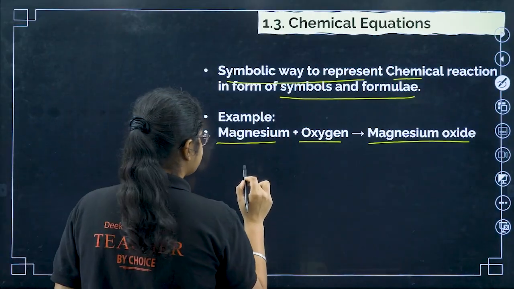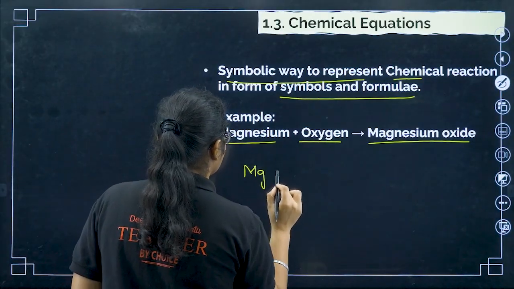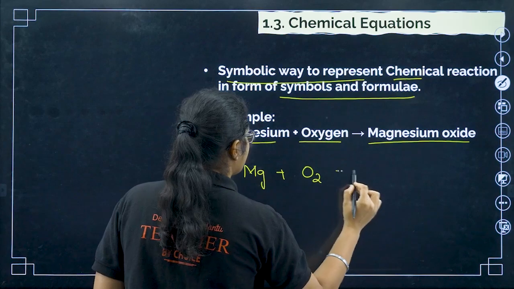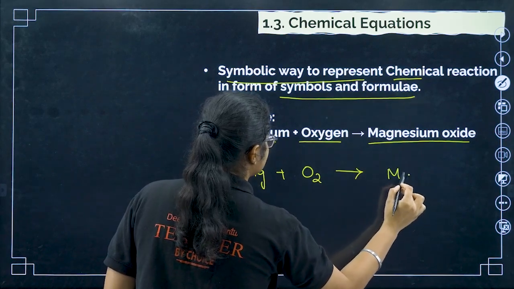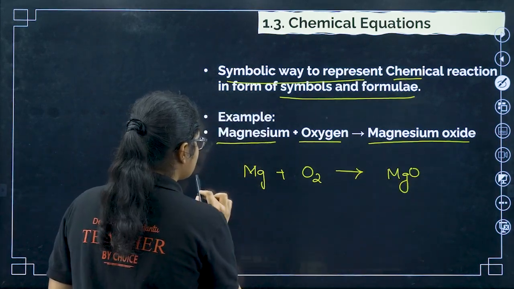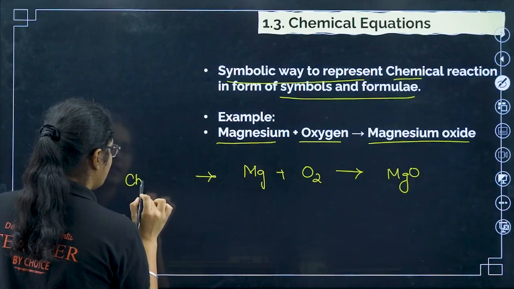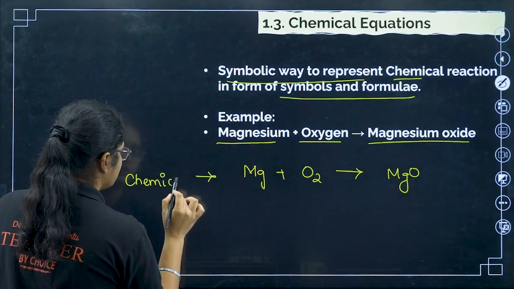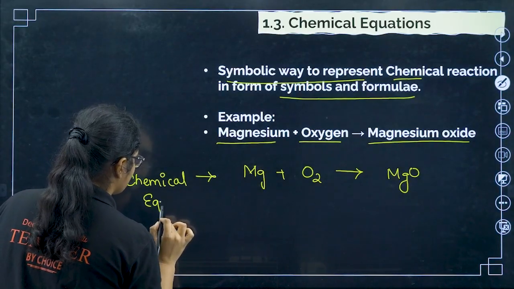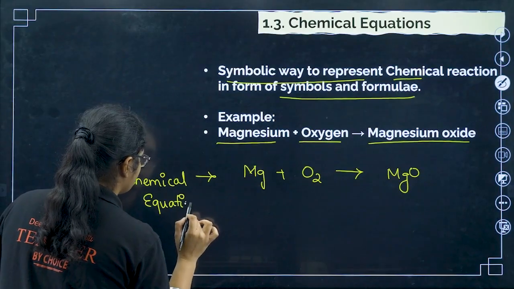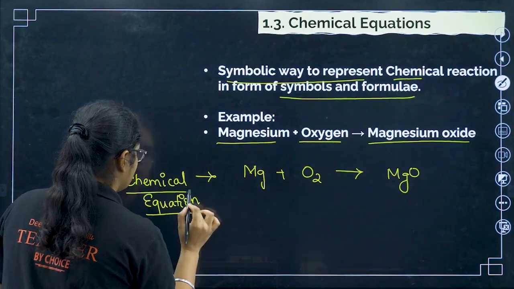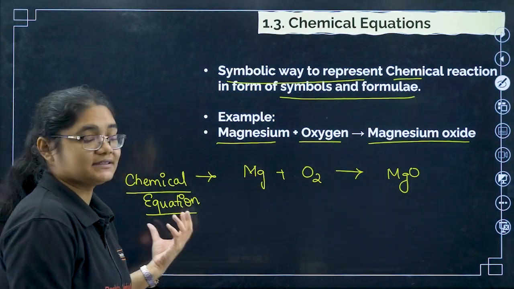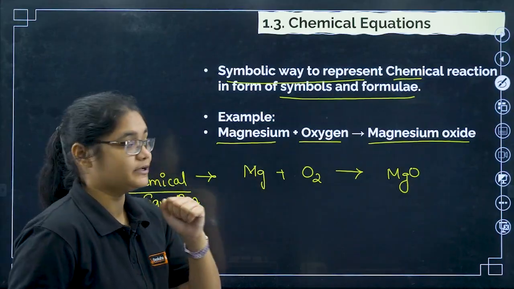For magnesium the symbol is Mg, for oxygen it is O2, and for magnesium oxide it is MgO. So this is a chemical equation where I have written the reaction using symbols.